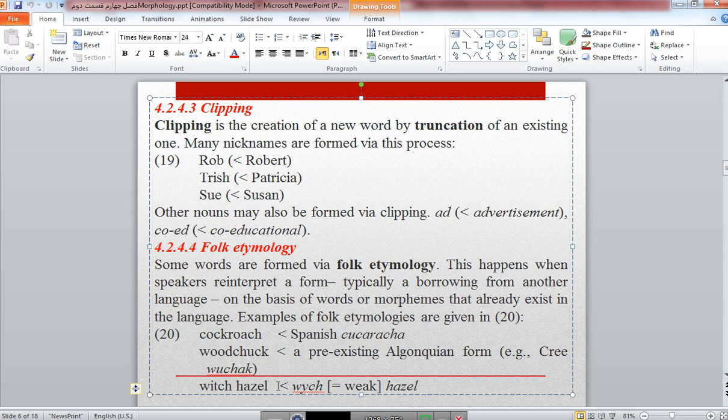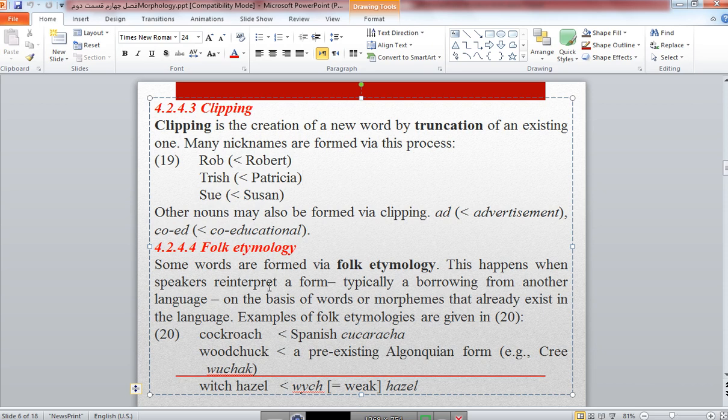We include it here because it is a source of words, but it is not a true derivational process, because it produces a kind of new word. So we put it in this part of the book as a derivational process for producing a new word, a new lexicon.